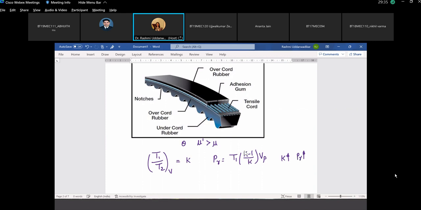And what about the center distance? Suppose we want to have the same value of K, that is T1 by T2. Since mu dash is increased, theta can go down. And what is the relation between theta and the center distance? Theta equals pi minus (d2 minus d1) by c.